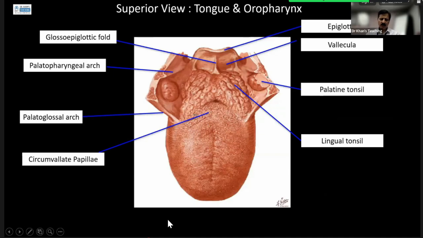This is the tongue. These are the taste buds, which are circumvallate papillae. And so posterior to the circumvallate papillae, all of this is the lingual tonsil. This is all part of the oropharynx. If you see here, these are landmarks, these are tonsils. From the tonsils, there are muscles and mucosal folds here.